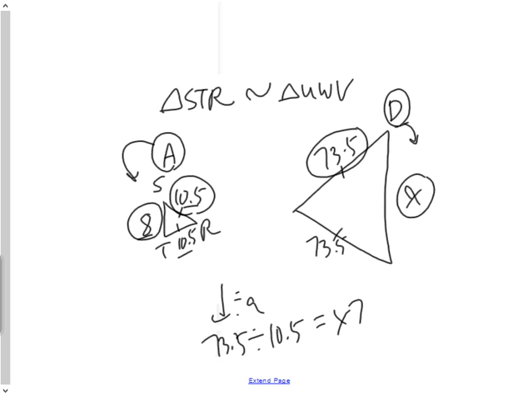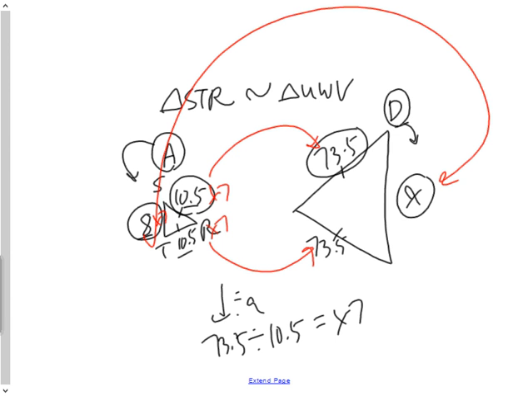So the scale factor I used on my actual to create this was multiplying this by 7 to create this one, this by 7 to create this one, and therefore this times 7 will create this one, and 8 times 7 is 56. So that's the first way you can solve it, by determining scale factor.